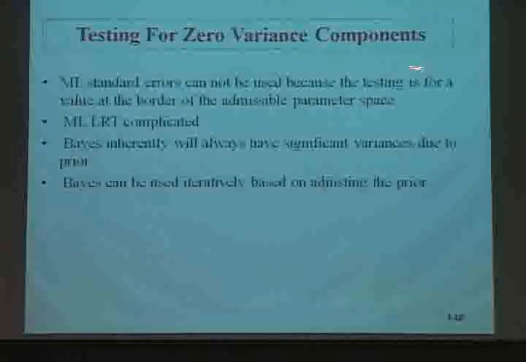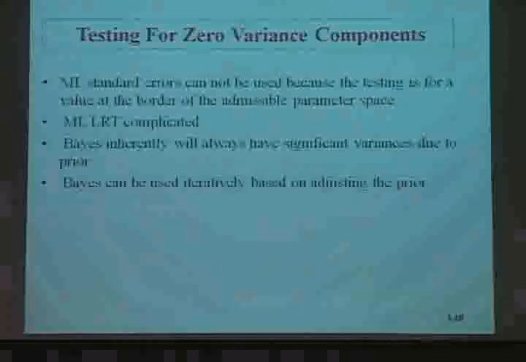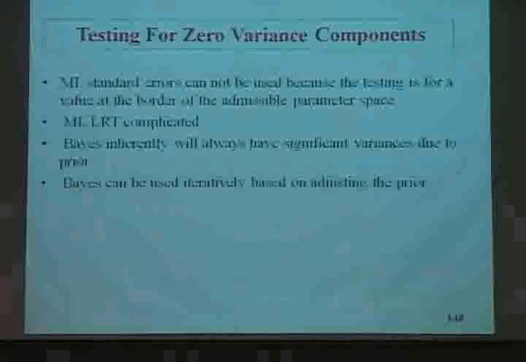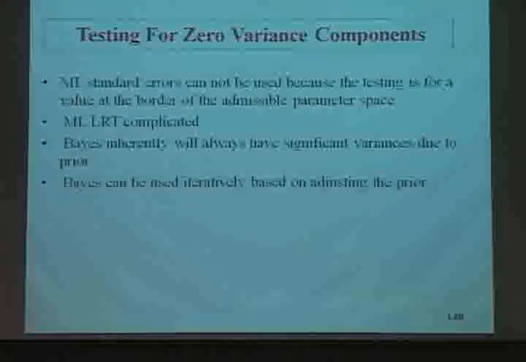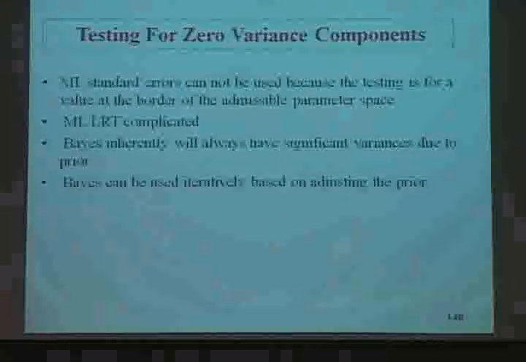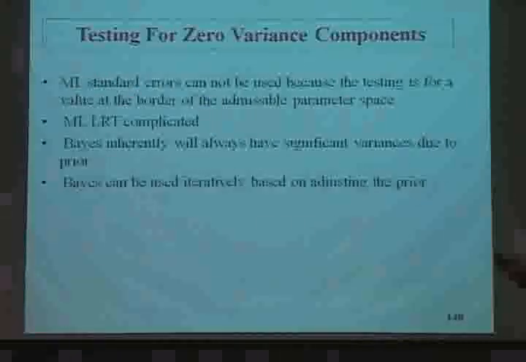That's a very important topic in general with multi-level models. The literature is very technical. There's no clear-cut solution. What you need to know as a first step is that, first of all, the maximum likelihood standard errors cannot be used to test for non-zero variance.